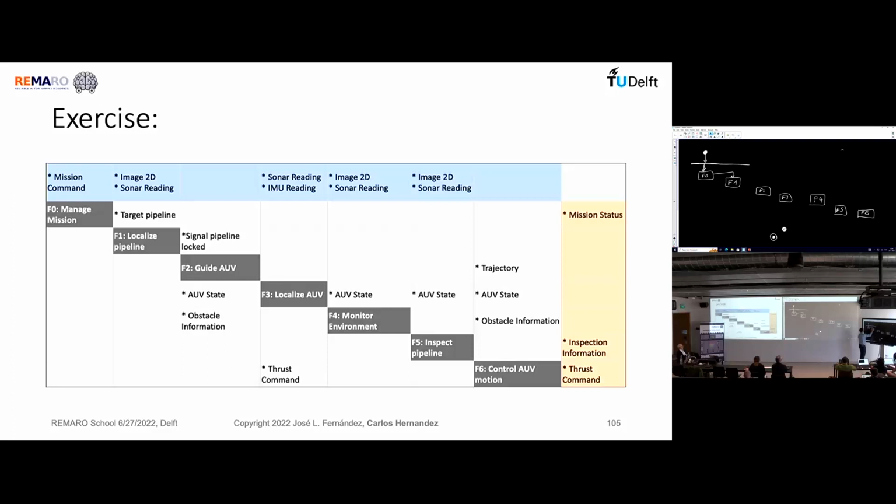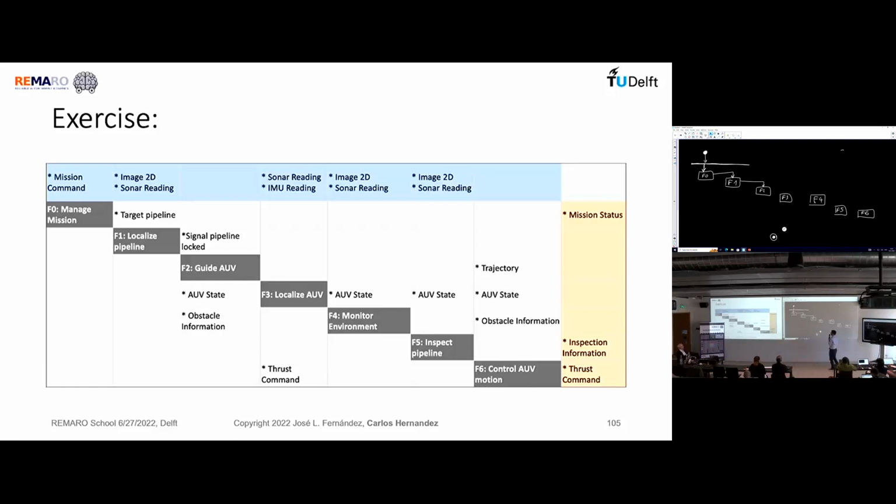Because probably it will execute next using that output, right? Now we have guide AUV, which is using a signal from localized pipeline and nothing else. So if we follow the diagram, we will execute it next, right? And it's producing a trajectory that is consumed by control AUV motion.